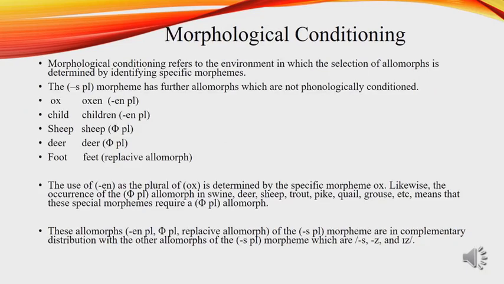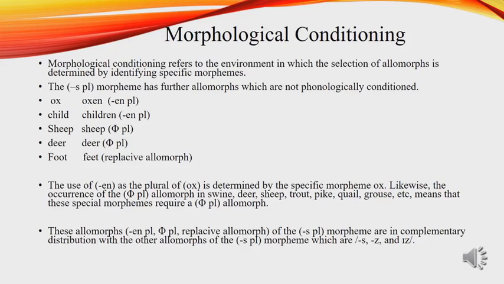Now we come to morphological conditioning. With morphological conditioning, we are concerned about morphemes. We are not concerned about sounds or phonology. Here we are concerned about morphemes. So morphological conditioning means that the selection of the allomorphs of a specific morpheme is determined by identifying specific morphemes.